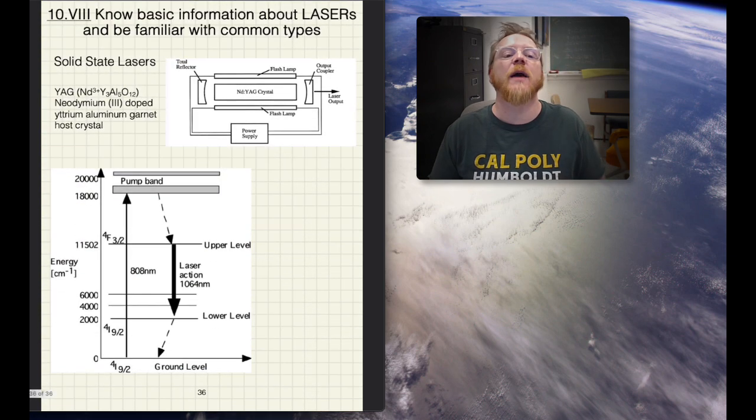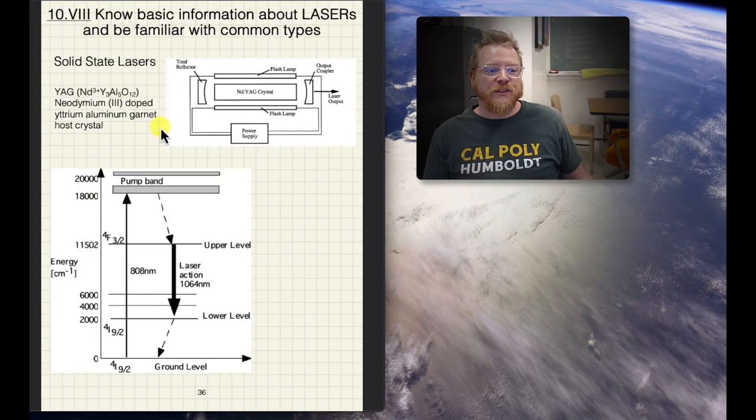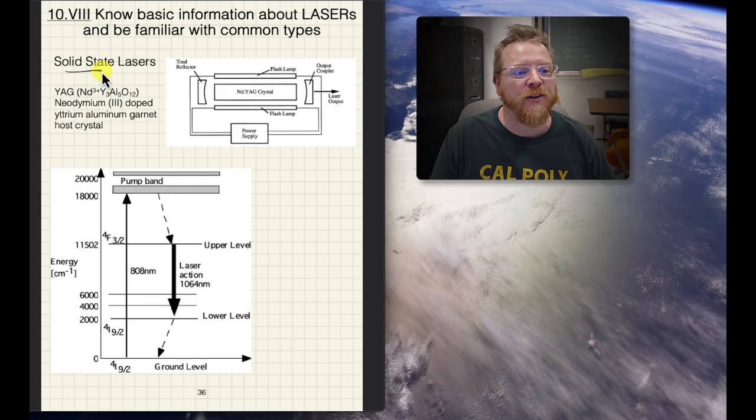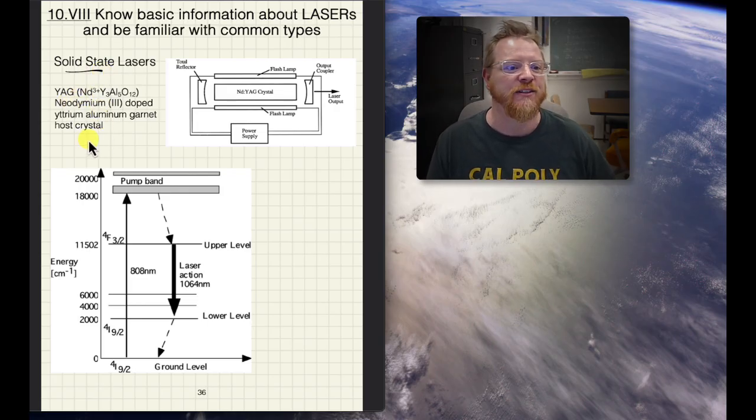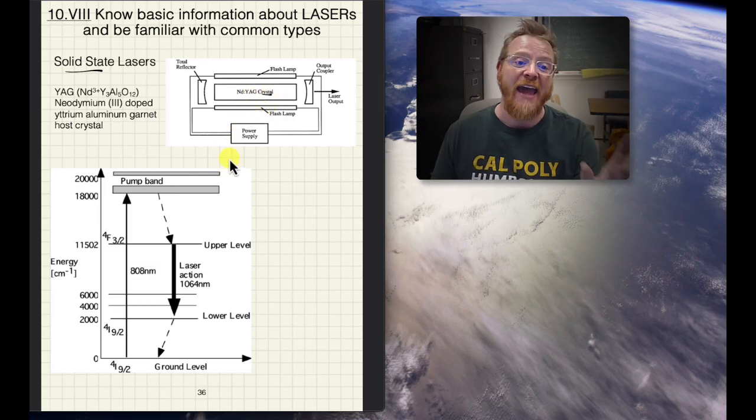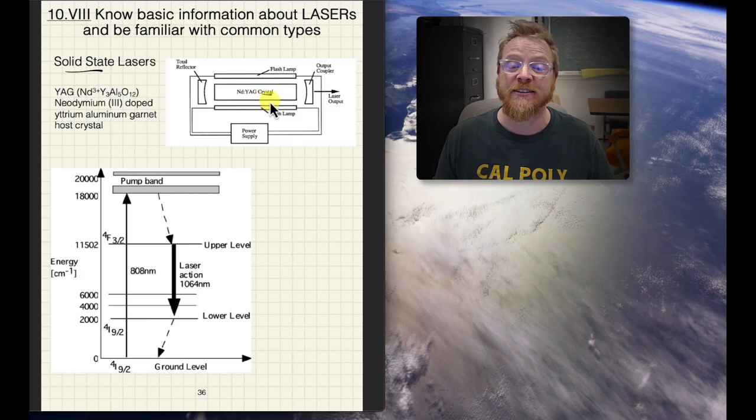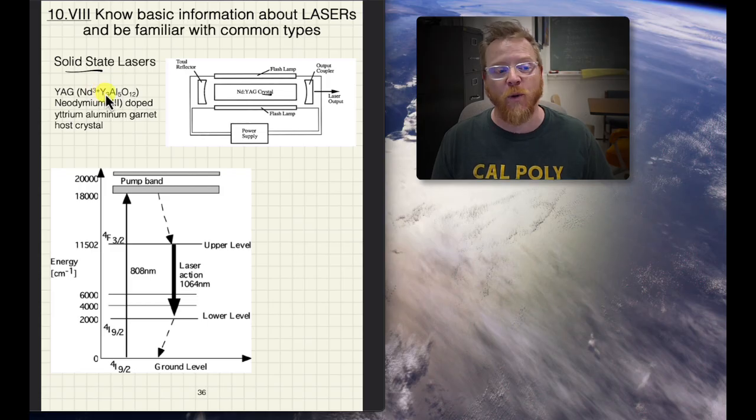So, and then the final type of laser I'll describe, which is the most common solid state laser, is the YAG laser. And so YAG stands for yttrium aluminum garnet. So the laser material is this neodymium YAG crystal. So that whole entire cavity is this crystal. And you can see there, it's the neodymium that's responsible for the lasing.